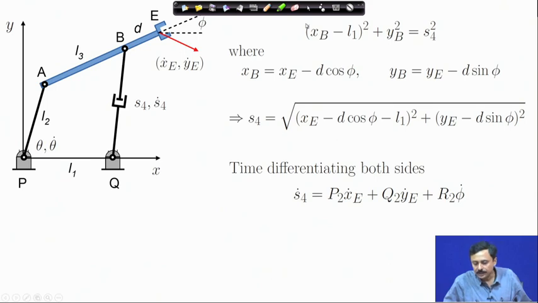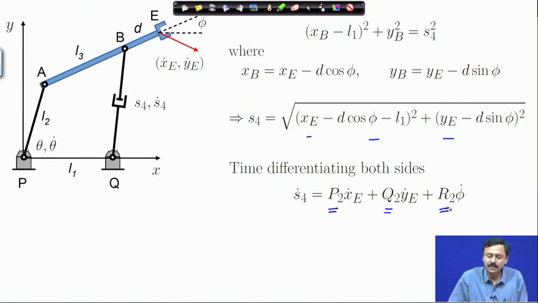Now, if you differentiate both sides of this equation with respect to time, you will have derivatives of xe, derivatives of phi and derivatives of ye, and the corresponding coefficients are P2, Q2 and R2, which can be very easily found by differentiating this.